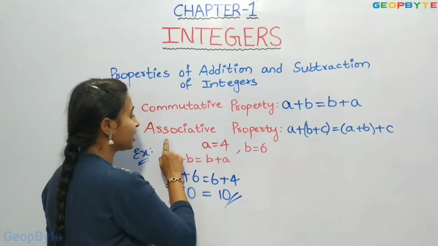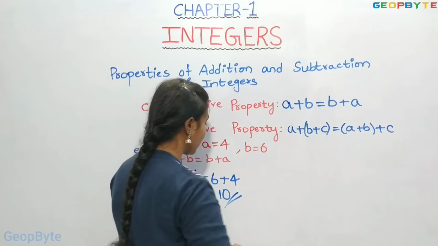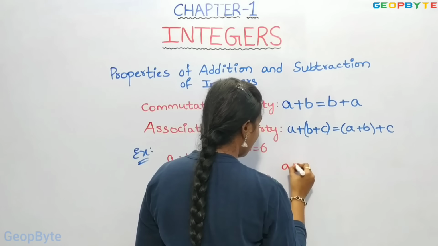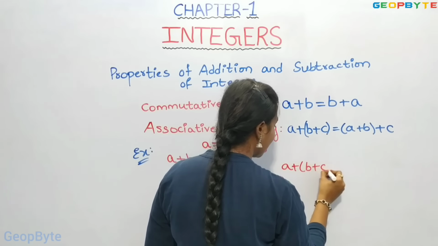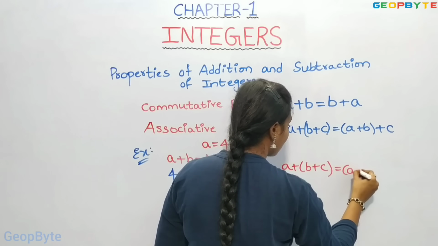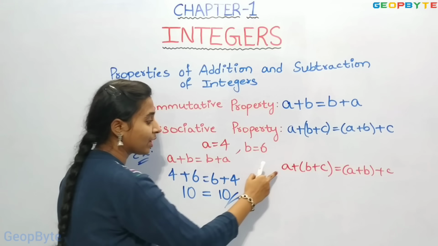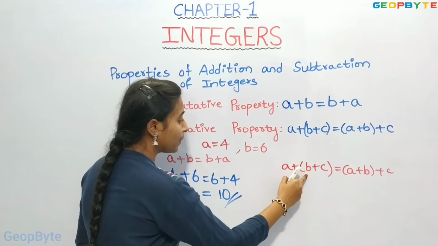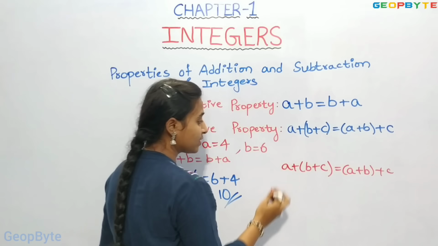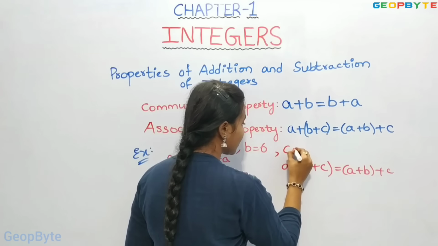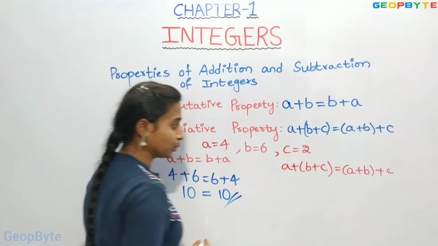Now, let us see the second property. We have A plus B plus C is equal to A plus B plus C. We have A as 4, B as 6. We don't have C. Let us take C is equal to some 2.